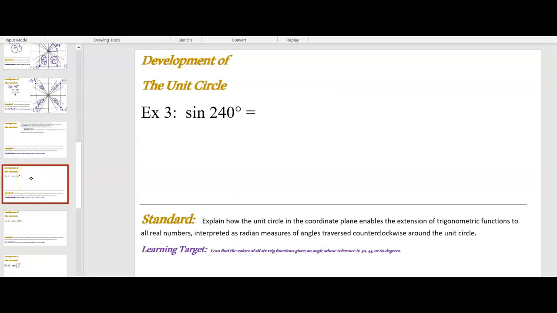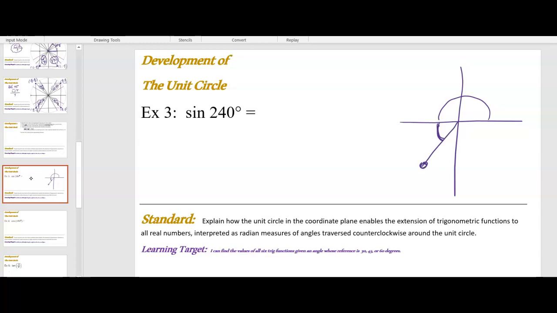So this is the kind of problem I'm going to ask you on the next assessment. Find sine of 240. So you don't have to draw a diagram, but I'm going to draw a diagram. So where does 240 degrees live? So we have 180 plus 60 takes us to 240.